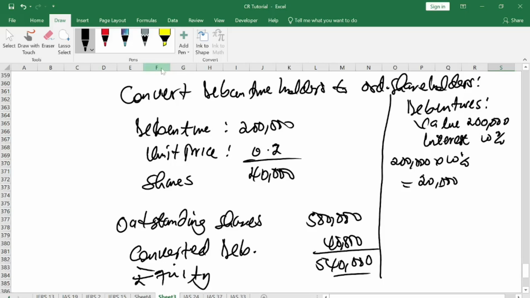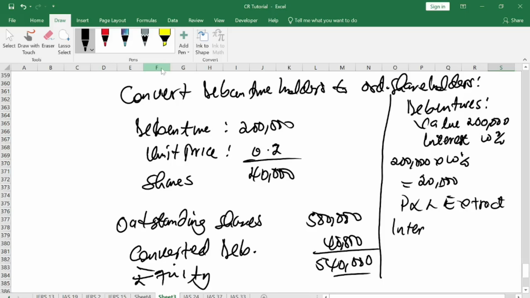Debenture holders will receive 20,000 as interest on their investment, and the company will treat this interest in the profit and loss extract. This interest is treated under administrative expenses, right?